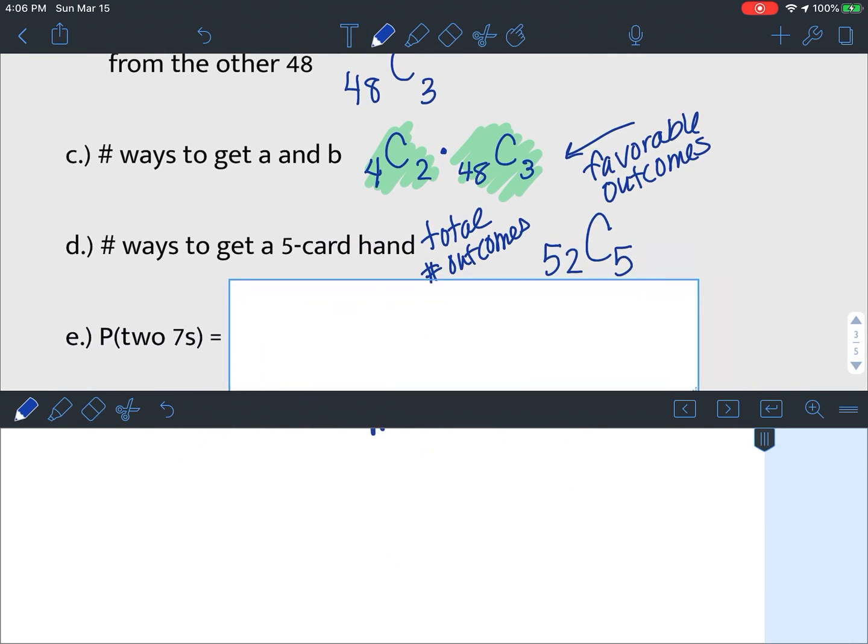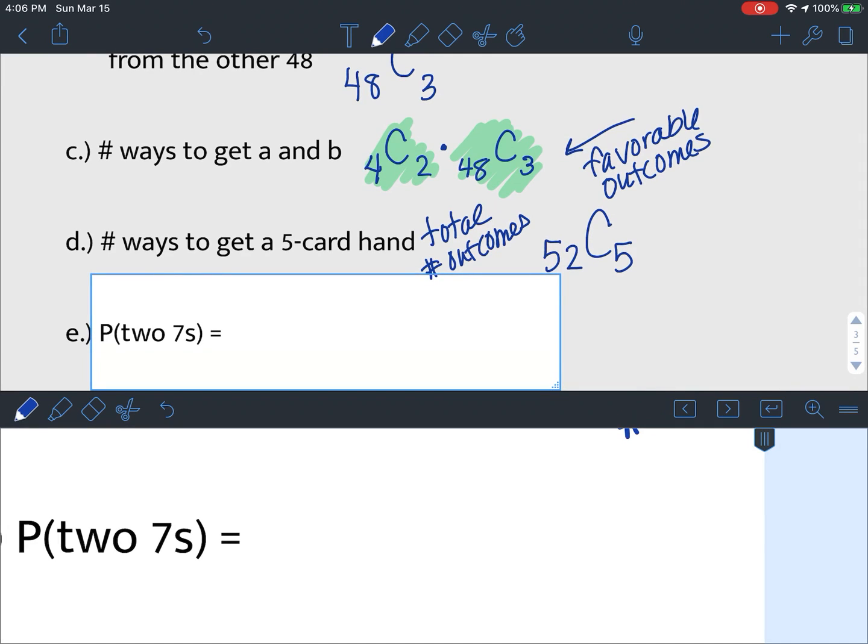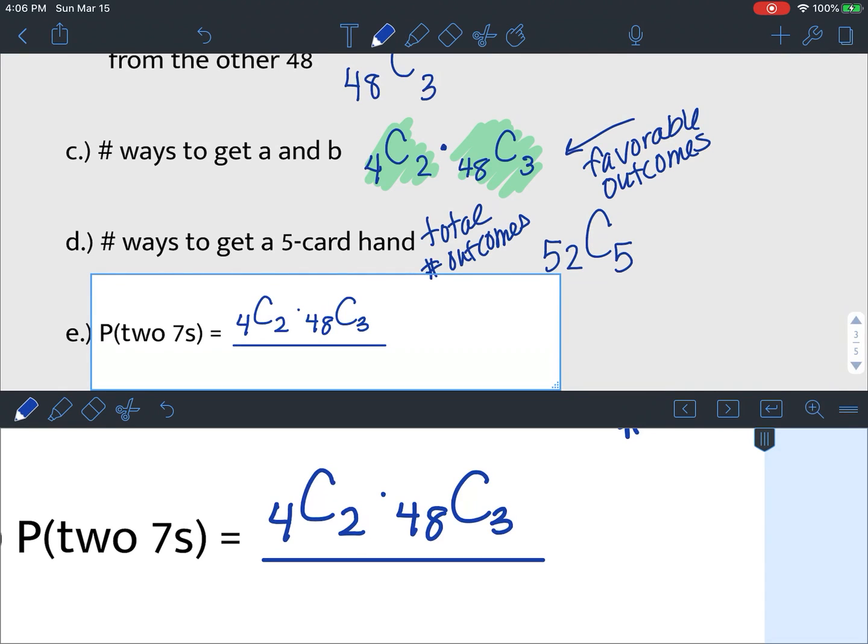Okay, and we know that the probability of getting 2 sevens, or the probability of anything, theoretically, is the number of favorable outcomes over the number of total outcomes. Well, we just found the number of favorable outcomes. That's 4C2 times 48C3. And the total number of outcomes is 52C5. So this is a method you can use probably to find any combination of cards, any probability of whatever hand of cards you want to get.